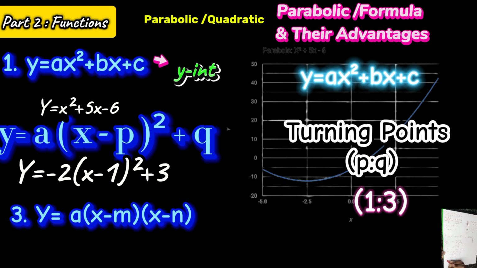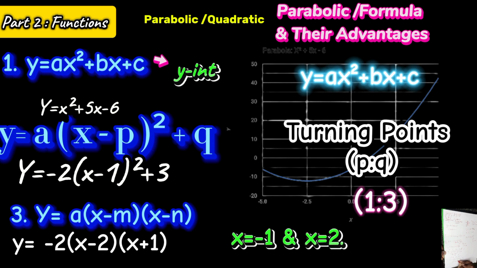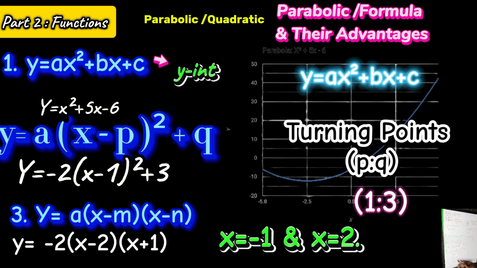So let's say we have our y as -2 into x minus 2, x plus 1. This simply means that our x-intercepts on this equation, listen to me very carefully, are going to be x equals -1 and x equals 2, because you know that while solving this, our x will change the sign outside this bracket.